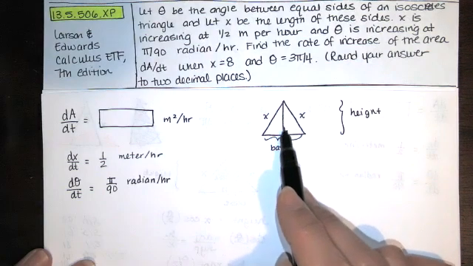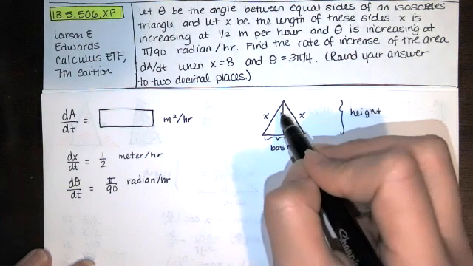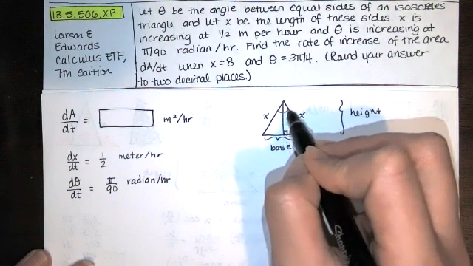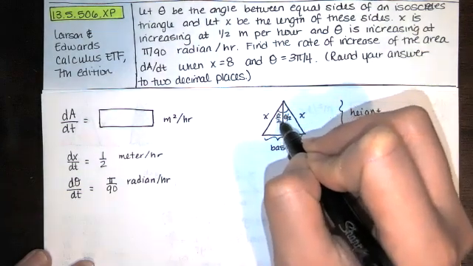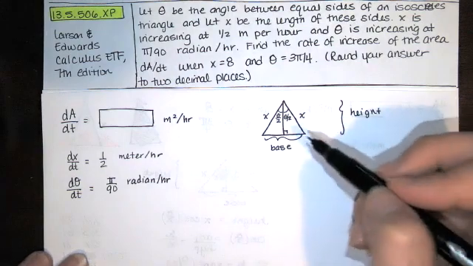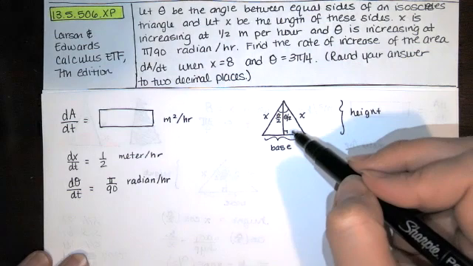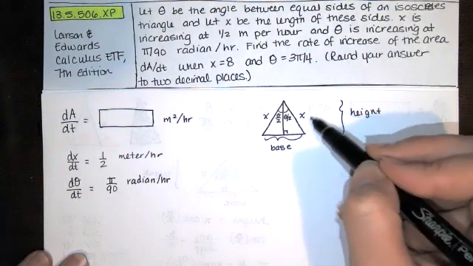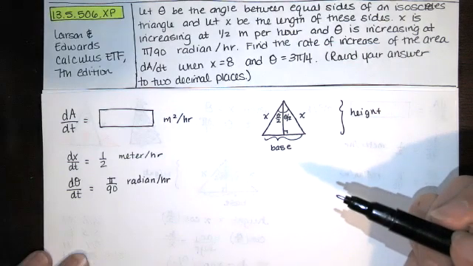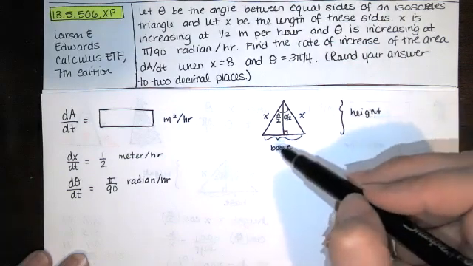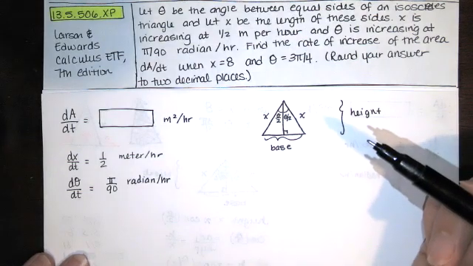If I put this line segment here that's coming down at a right angle, then on either side of that line segment, the angle will be theta divided by 2. So with these angles each being theta divided by 2, and this being a right triangle where x is the hypotenuse, opposite the 90-degree angle, we can use that to find the base and the height in terms of x and theta divided by 2.